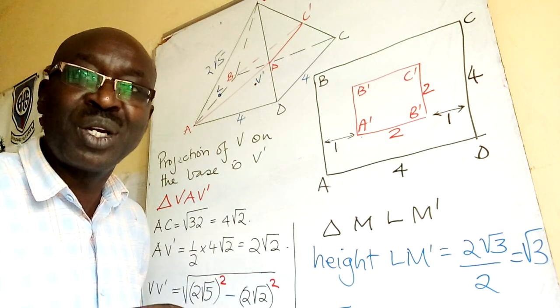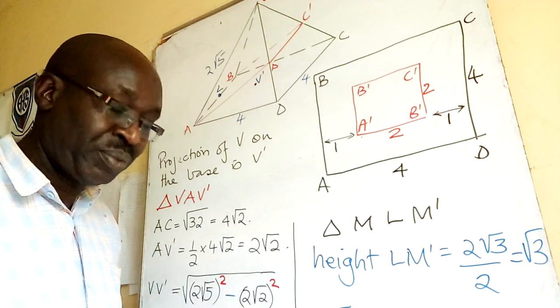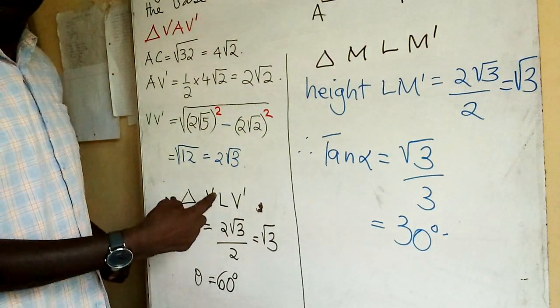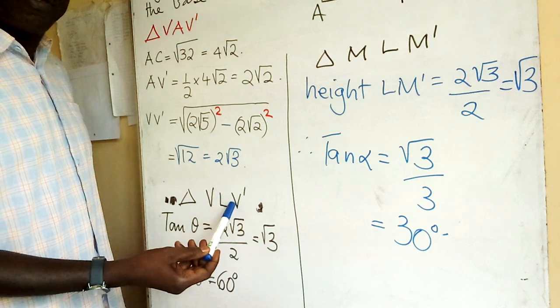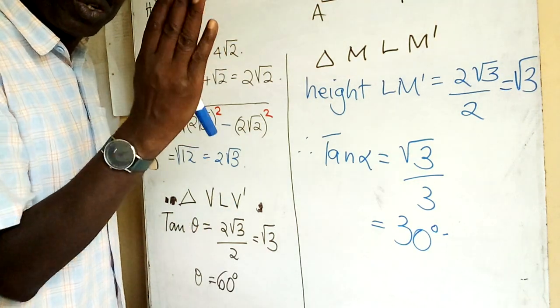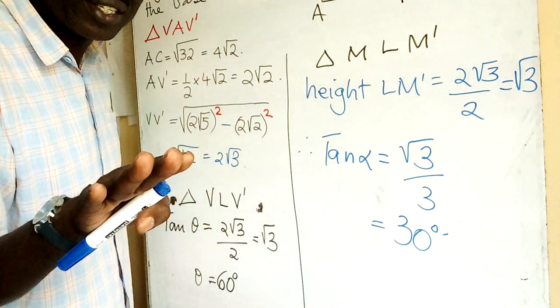Quickly, let us look for a very complex scenario now. Those who did not get it here, that is what I meant here. Okay? You get triangle V L V prime. Get the procedures right. Angle between plane and plane, let me say plane and base.